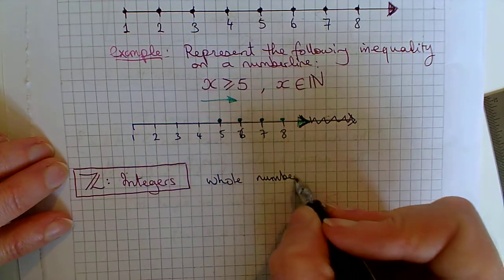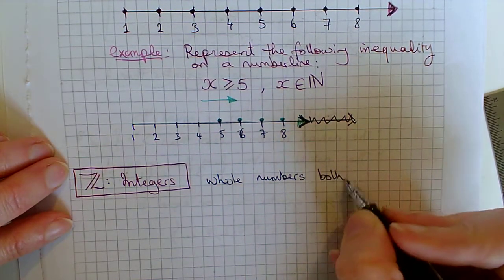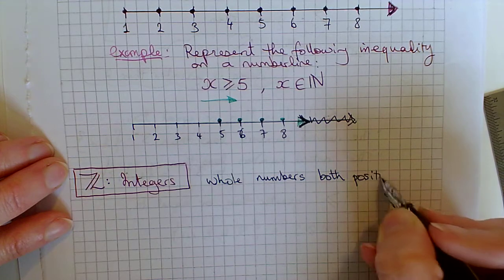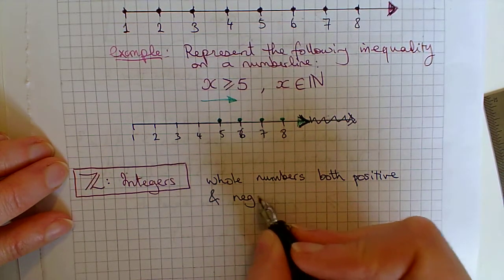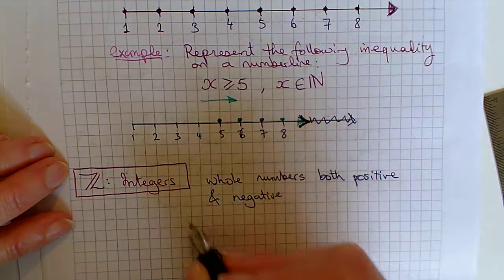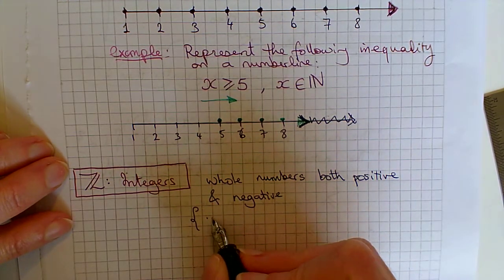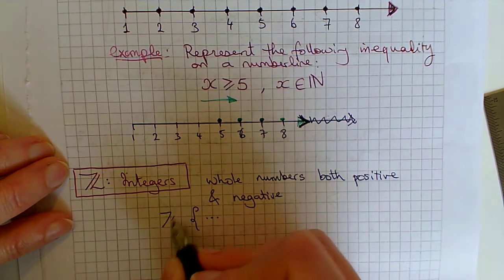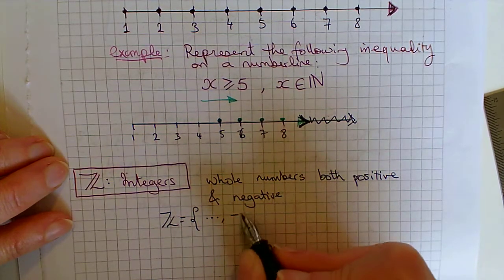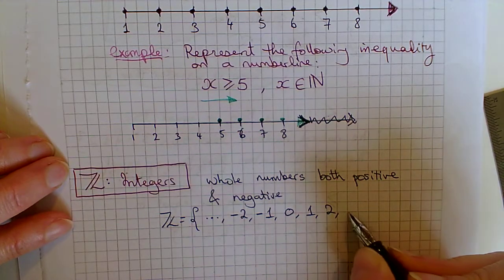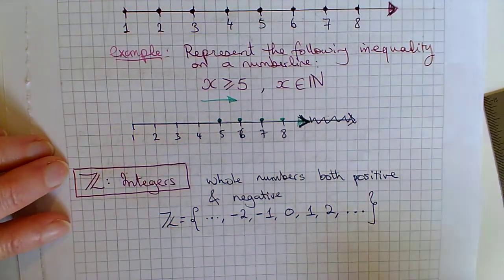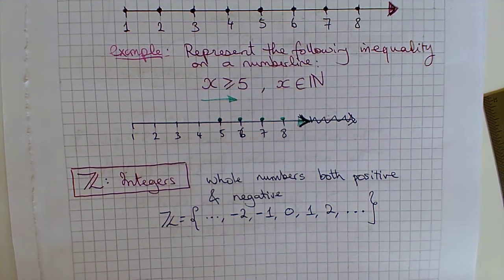Whole numbers both positive and negative. So 0 is included here as well. And if we show the set of them, it goes on forever in both directions. So like -2, -1, 0, 1, 2, 3, 4, 5, 6. So it goes on forever in both directions.